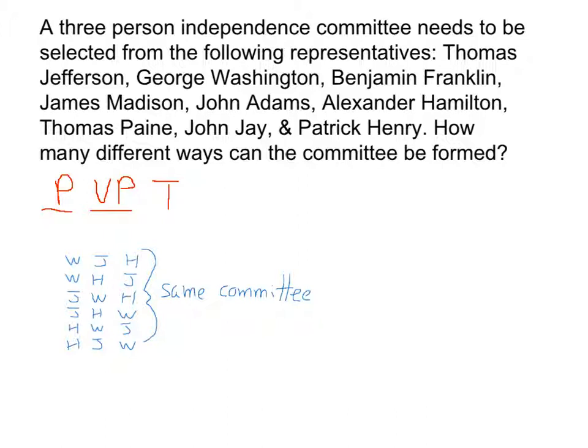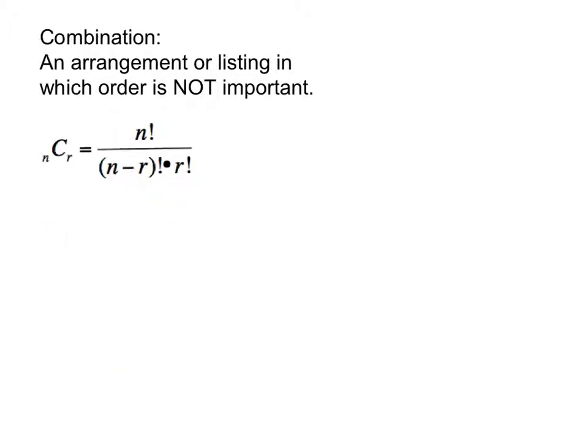Order does not matter. So let's look at the definition and the formula. A combination, like I just said, is just like a permutation. It's an arrangement or a listing, but this time order does not matter. My formula for my combination looks very similar to what we had before.